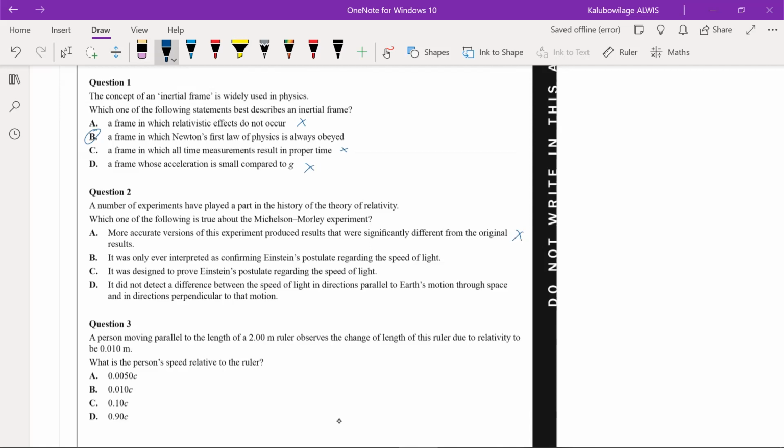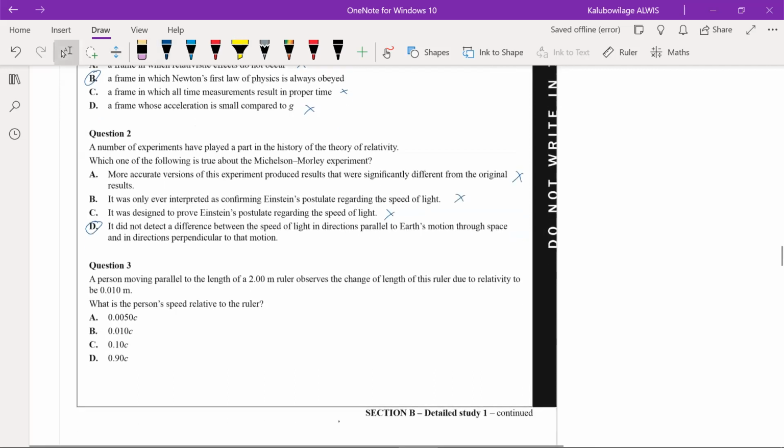It confirmed it, but it wasn't meant to. It was designed to prove Einstein's postulate. It wasn't designed to do that. What it did was detect a difference between the speed of light in directions. Actually, it did not detect the difference between the speed of light in directions.